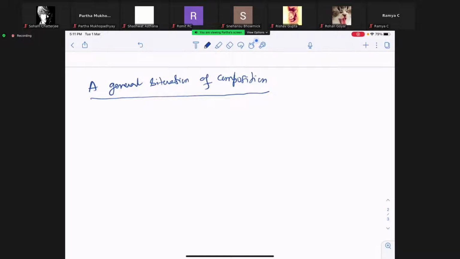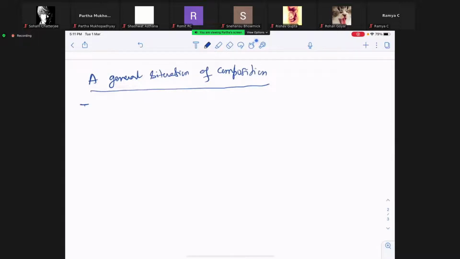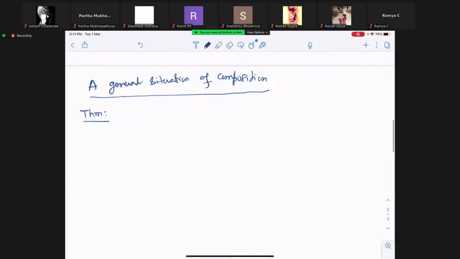So the most general theorem of this type is the following. This theorem is a little bit big.